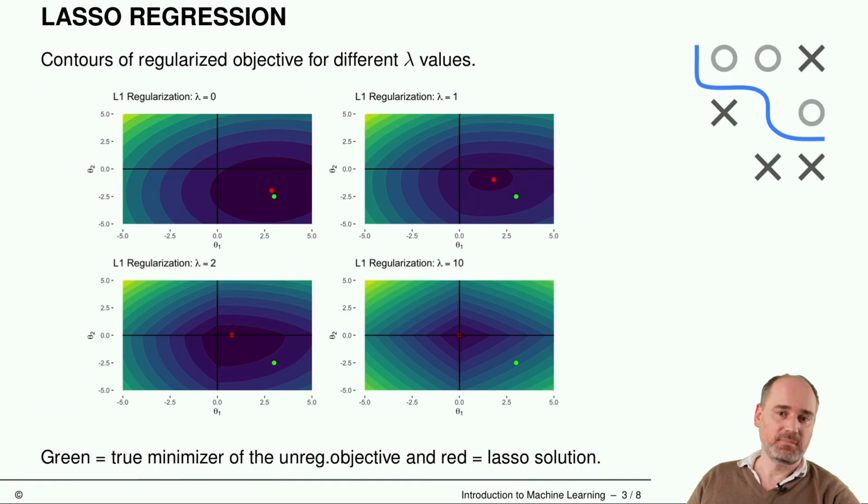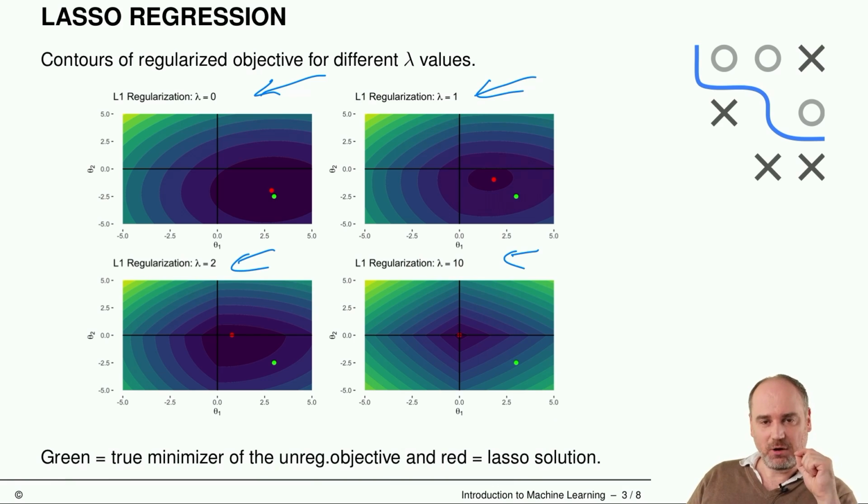Again here, a different perspective. Now the contour lines change their meaning. Here I'm visualizing the regularized objective, and in the top left corner, I'm starting with lambda equals 0, so it's actually the unregularized objective. Now I start increasing lambda to 1, to 2, and to 10. Here you can see a little more clearly this mixing of the objectives.